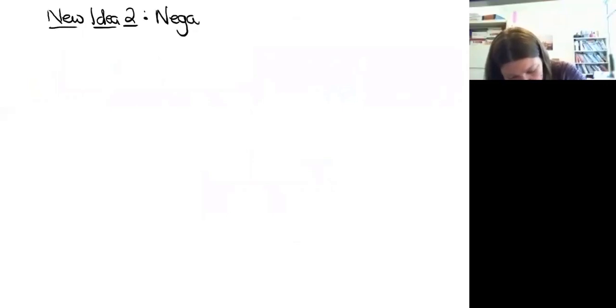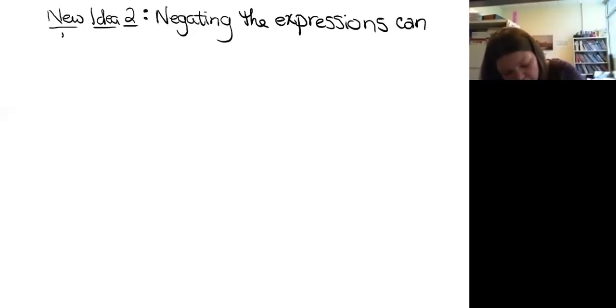Don't worry, I'll explain, but let me just write it down first. Since we've already seen it can be three-sided, I'm going to say negating the expressions. Negating the expressions can flip the relationship.